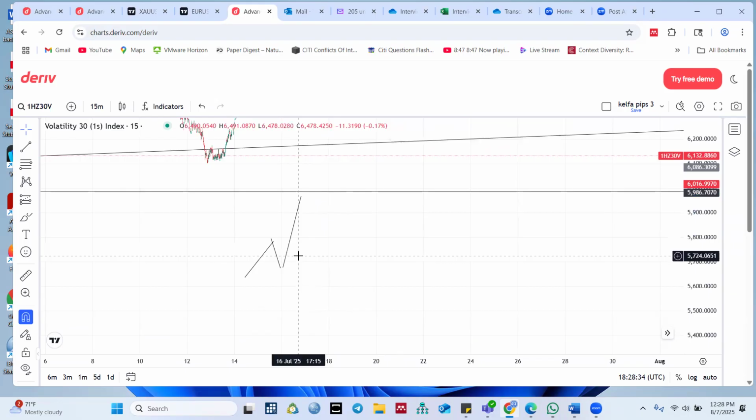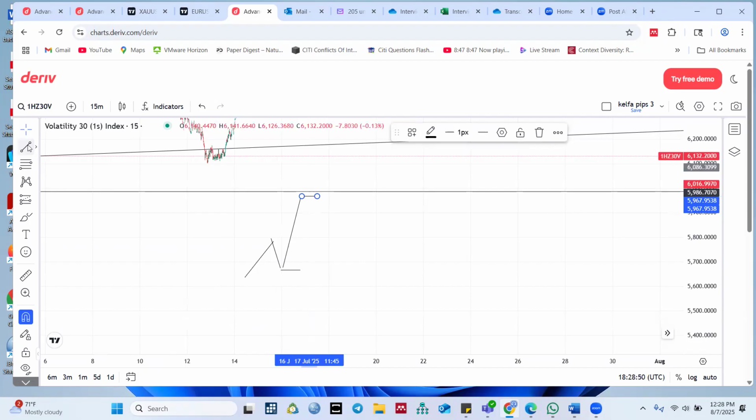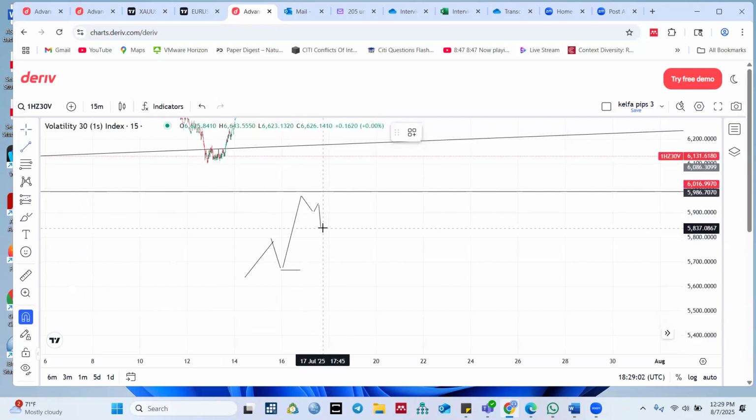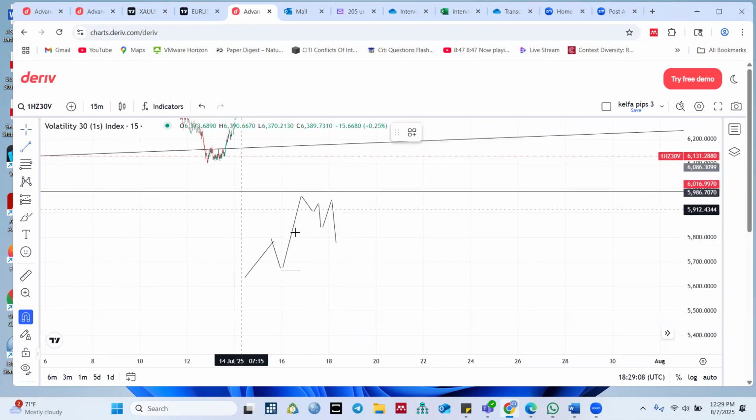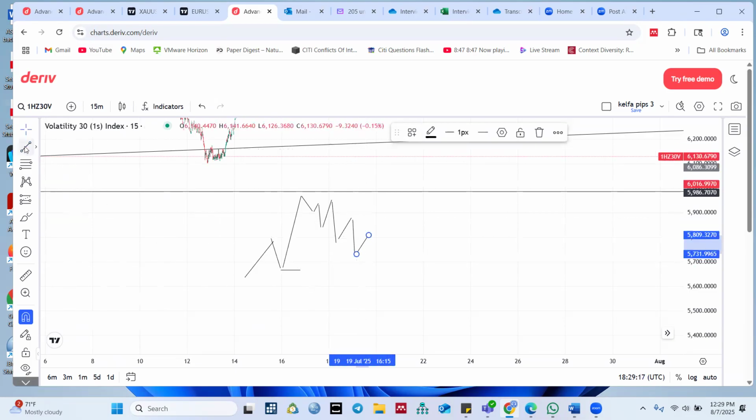So the moment we have a break of structure, that low where price started moving up from to that high, the moment we see price falling after breaking structure and not giving us a new high, the moment we see price falling like this, let's pay attention.